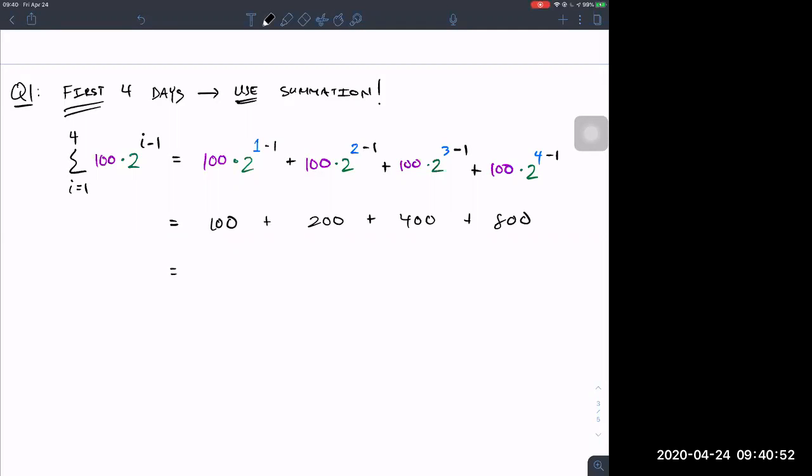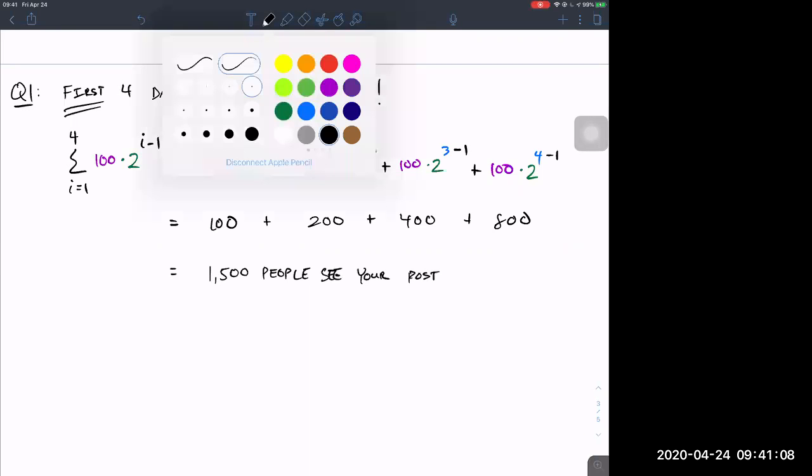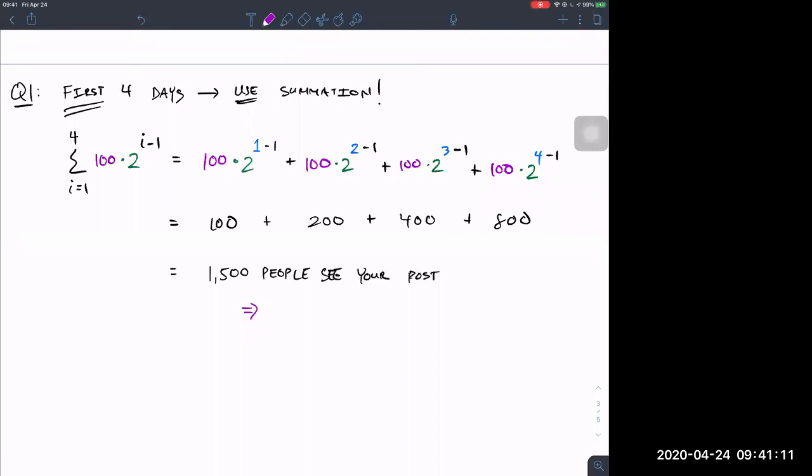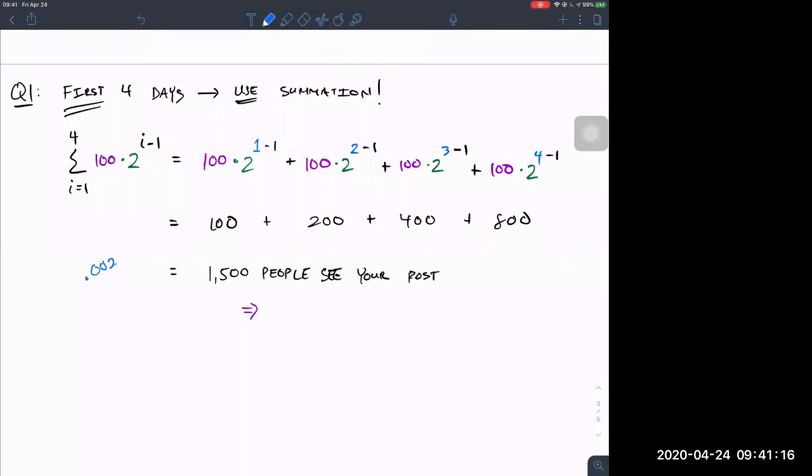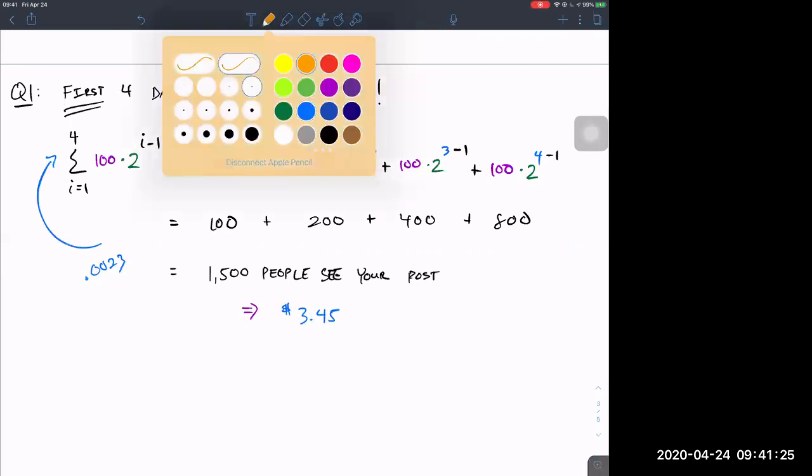So in total, you see 1,500 people see your monthly post in the first 4 days, which also implies that you multiply this by, remember, 0.0023, which goes in front of the summation here. That implies that you made $3.45 for the first 4 days.